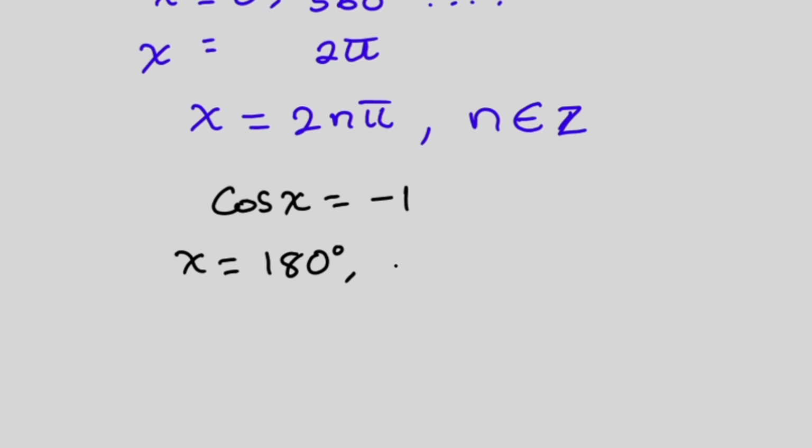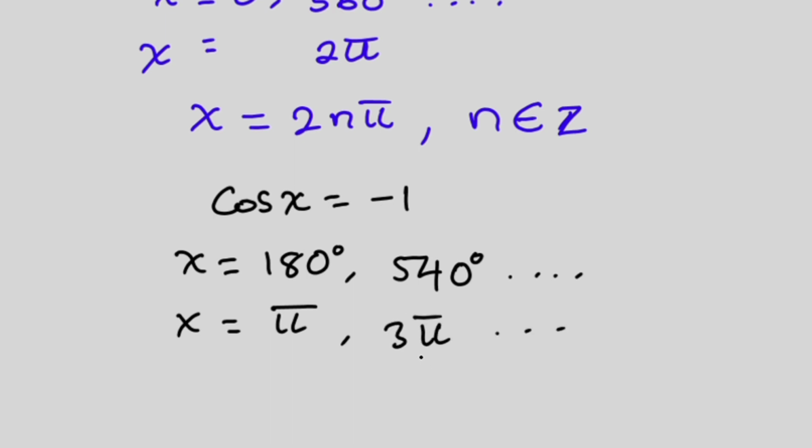If x is equal to 540 degrees, we also have a solution, and it keeps on going, right? In radian, 180 degrees is simply pi. Then 540 degrees in radian, we're going to have 3 pi, and it keeps on going just like that.